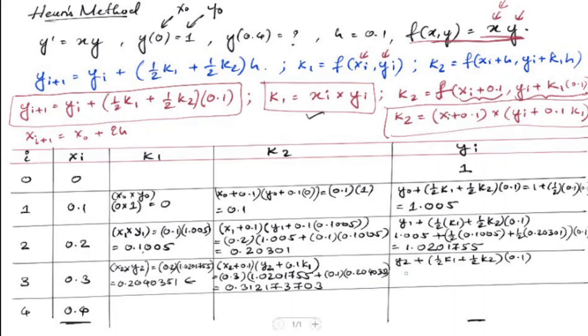So y2, as we can see, is 1.0201755 here, plus we have half times k1, which is 0.2040351, plus we have half times K2, which is 0.312173703, and then we'll have here times 0.1 for h.